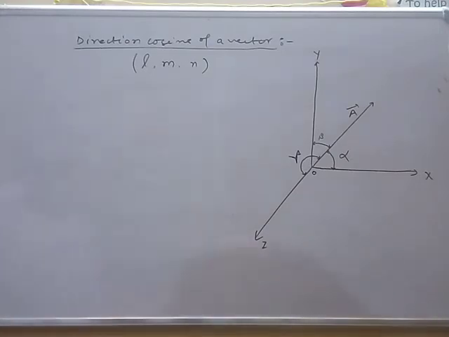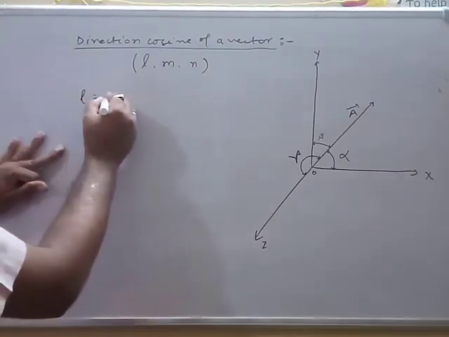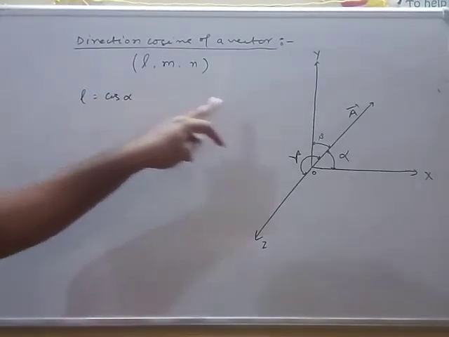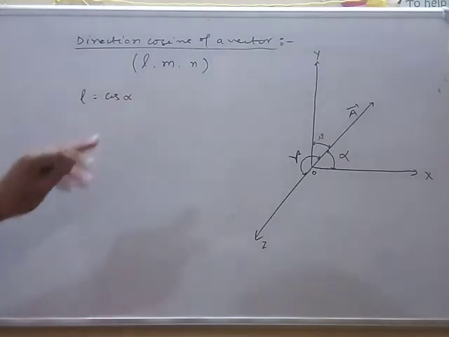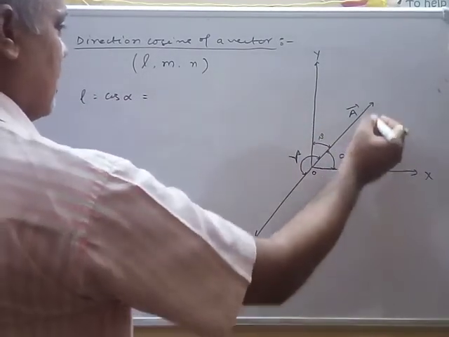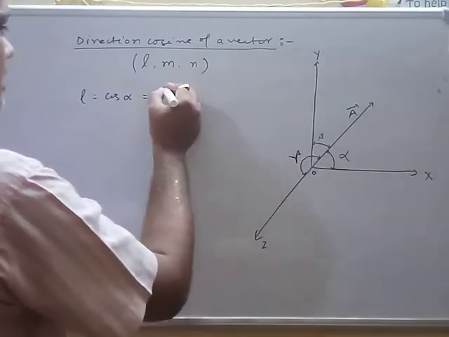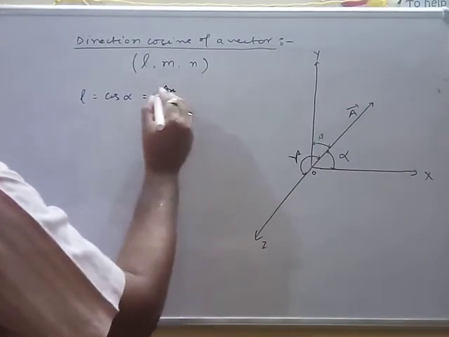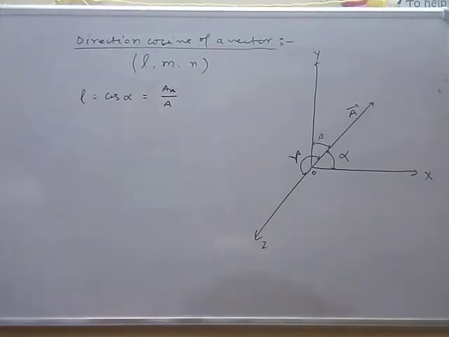Now if we write l, we said it is cosine of the angle which the vector makes with x-axis. It is cos alpha, and cos alpha equal to base upon hypotenuse. Base is x component ax upon a, so l equal to ax by a.